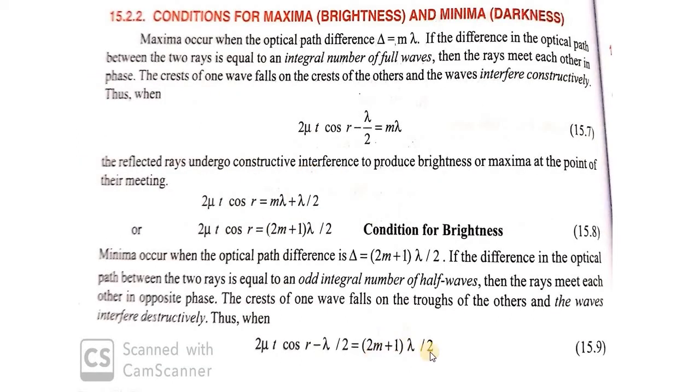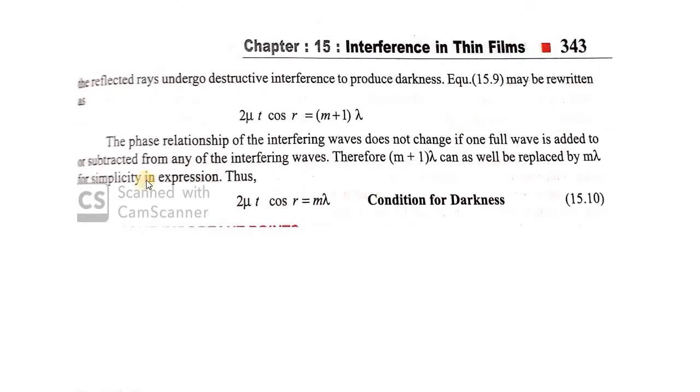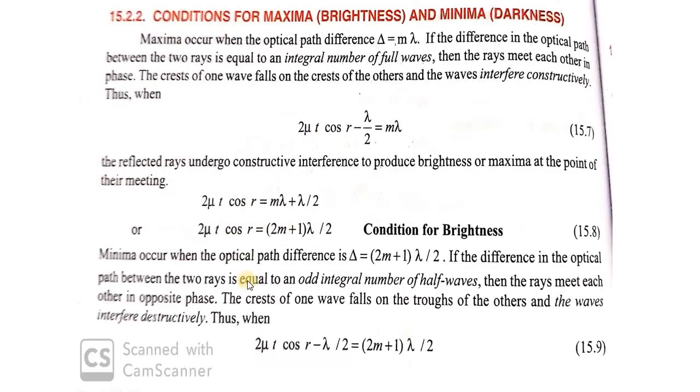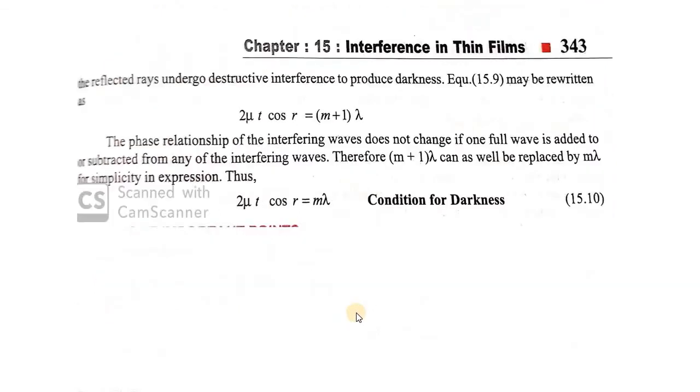That is 2m plus 1 lambda by 2, and you can take this lambda by 2 here. So 2m plus 1 lambda by 2 means m lambda plus lambda by 2. So altogether, if you take this 2 mu t cos r to the left side and the rest of the terms onto the right hand side, what will be left is m plus 1 lambda.